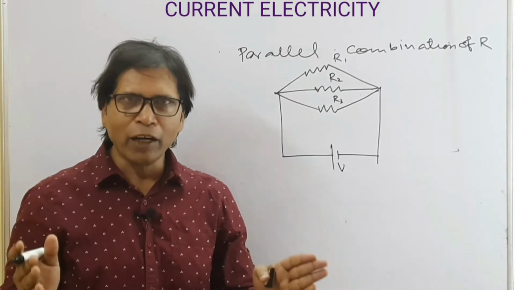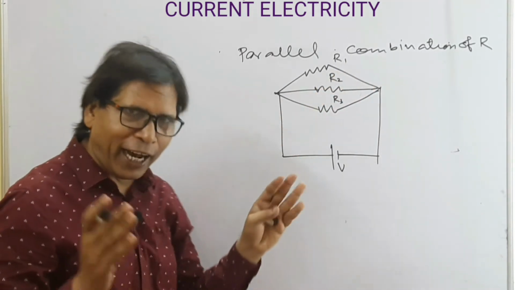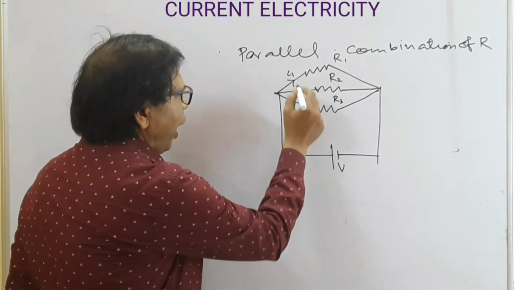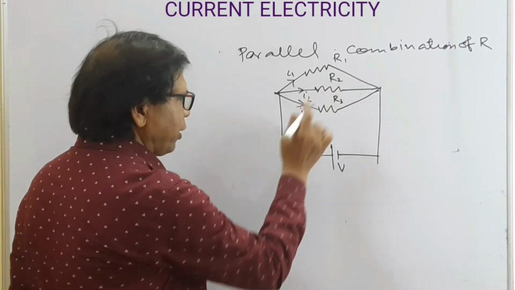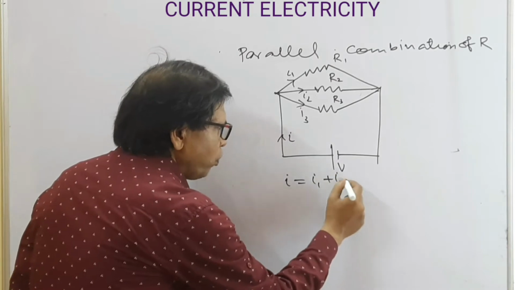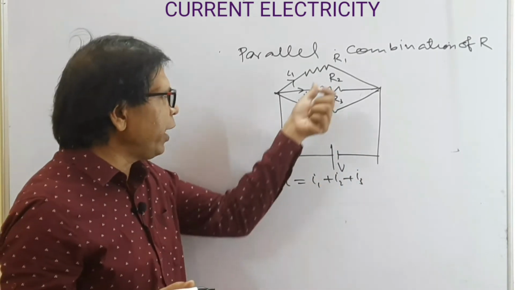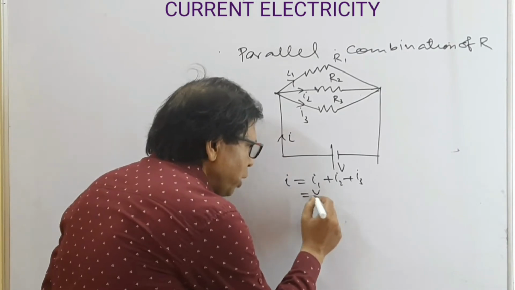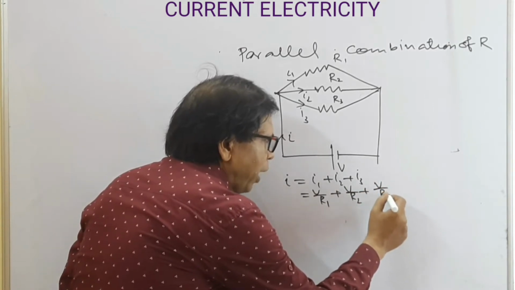Now the parallel combination of resistances. R1, R2, R3 are connected in parallel across a potential difference V. If I1, I2 and I3 be the currents flowing through R1, R2, R3, then total current I is equal to I1 plus I2 plus I3. As all are connected in parallel, the PD across each resistor is V. So I1 equals V by R1, I2 equals V by R2 and I3 equals V by R3.